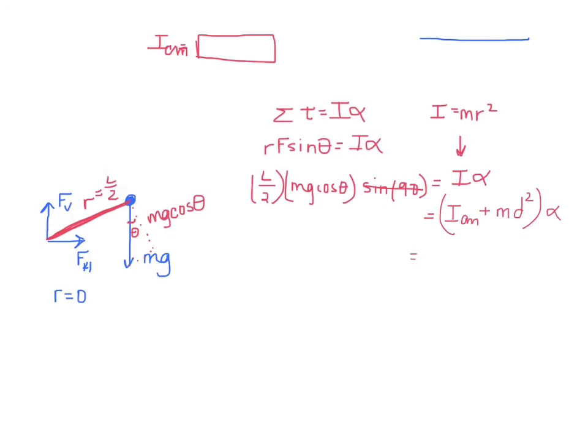In this case, we're given 1/12 mL squared as our moment of inertia about the center of mass. The total mass is m, and the distance that the axis of rotation has been moved is L divided by 2.